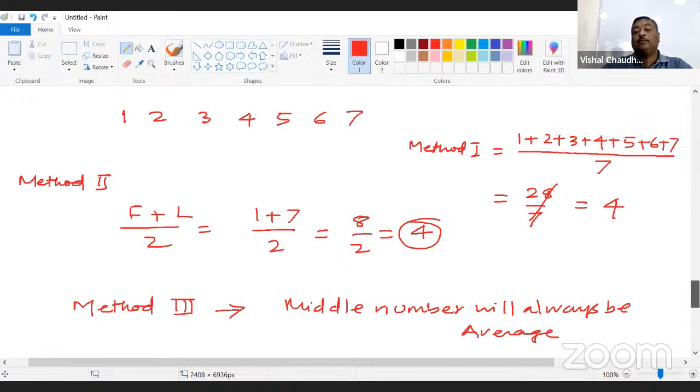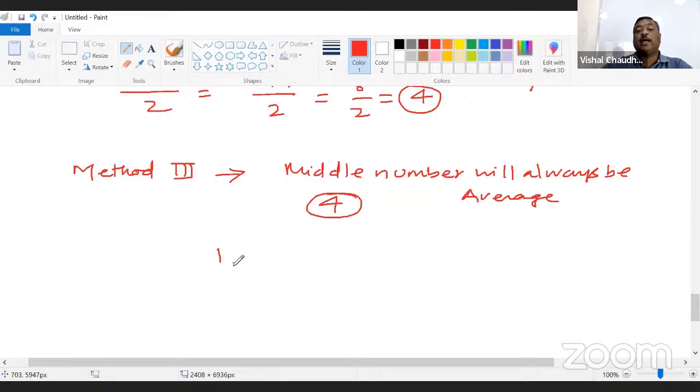Now see, what is the middle number here? 4. So your average is 4.